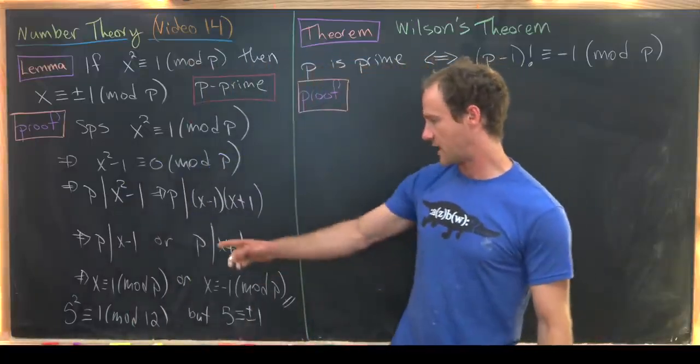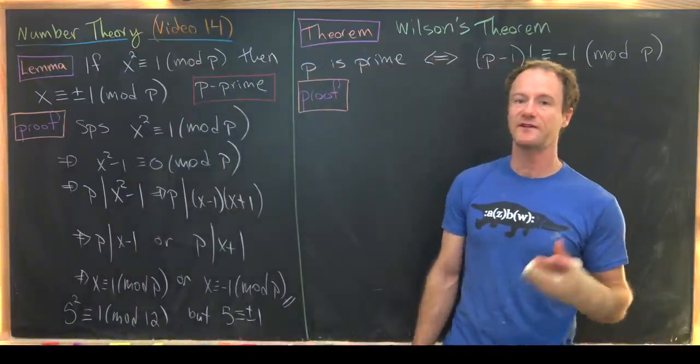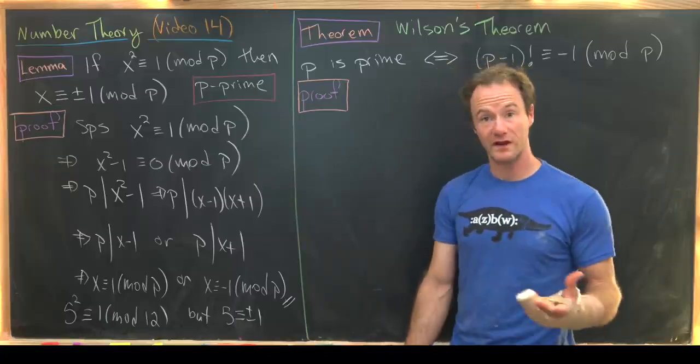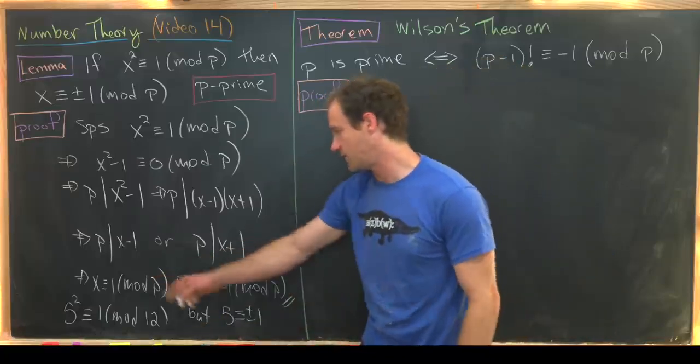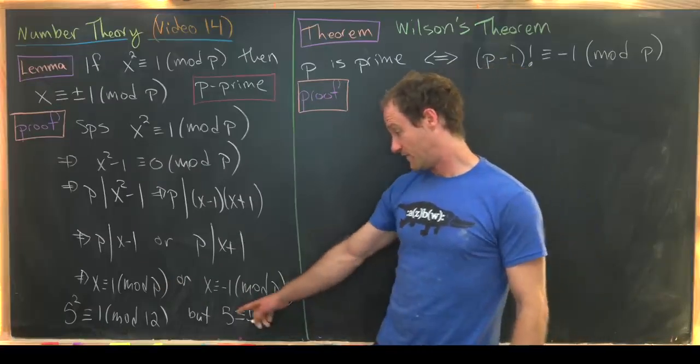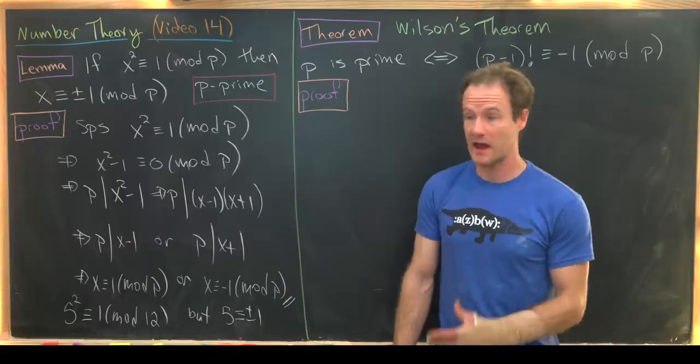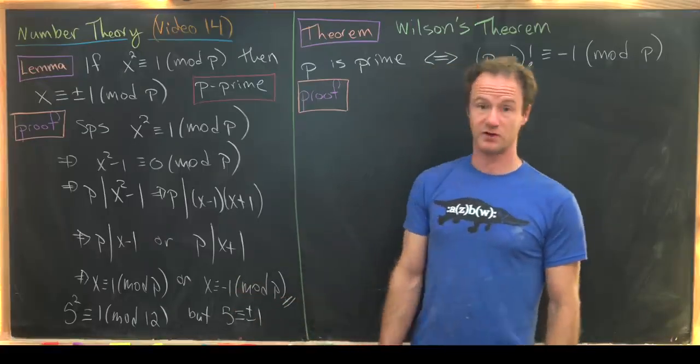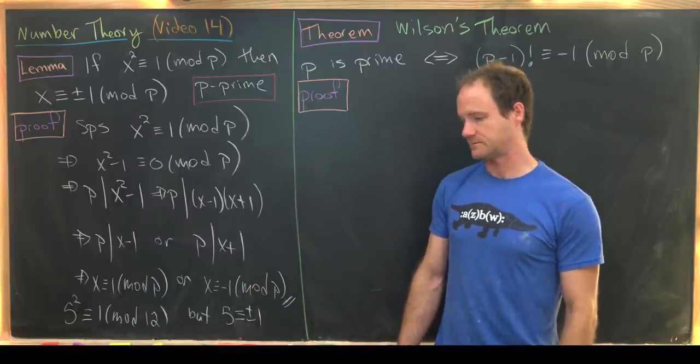So let's talk our way through that. 5 squared is 25. 25 is one more than 24. 24 is a multiple of 12. That shows that 5 squared is congruent to 1 mod 12. But 5 is not congruent to 1, and it's not congruent to 11, which is negative 1 mod 12.